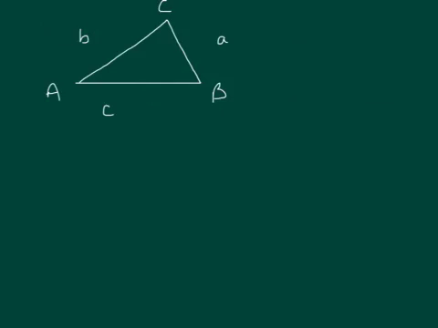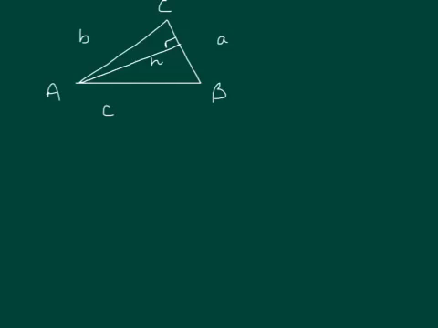For the next part of the proof, we have to drop a perpendicular from one of the other angles. So, for example, we could drop one from angle A. And we label that with an H as before.